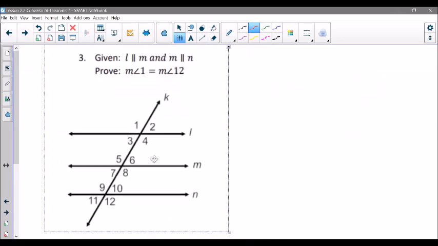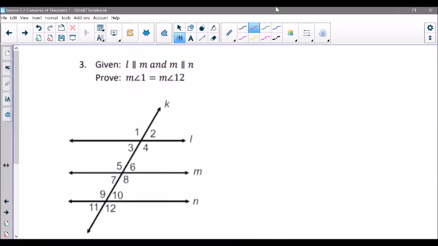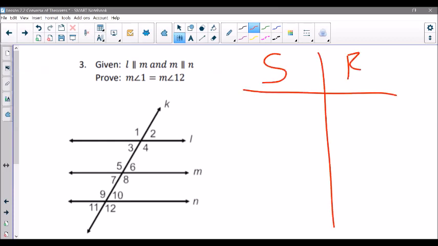Yes. Okay. Sorry. Whenever I go to another screen, I guess it doesn't show you that. All right, so this was a homework problem from last night. You had your statements and your reasons. A lot of people just wanted to say angle 1 is congruent to angle 12 by alternate exterior angles. They just wanted to skip straight to that.